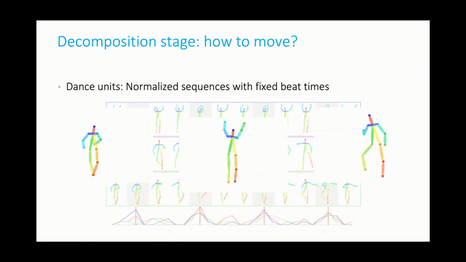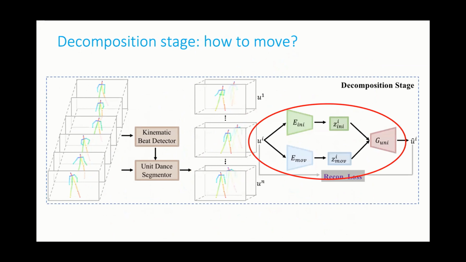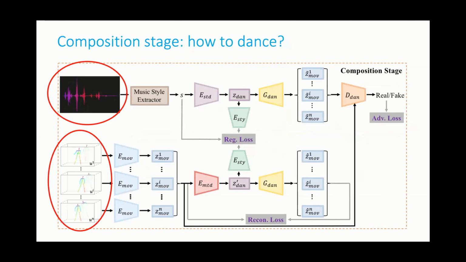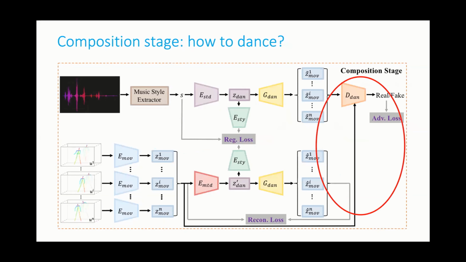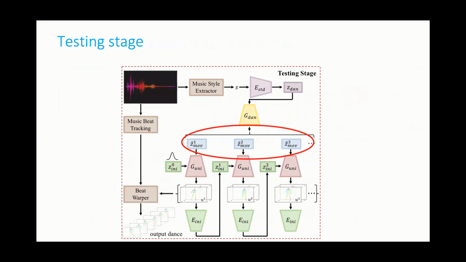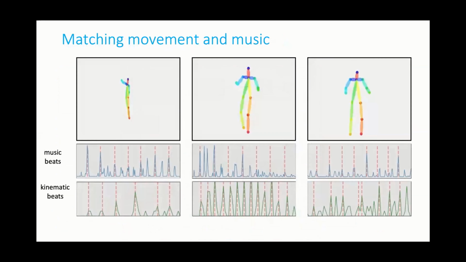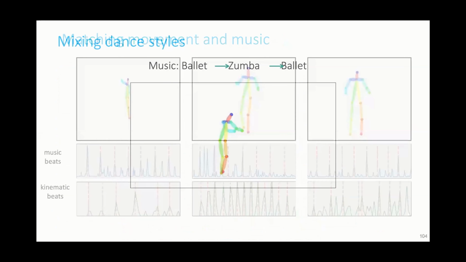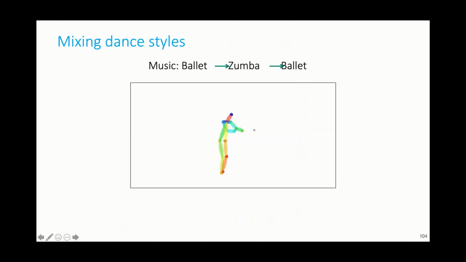Again, I don't have time, so I'll just skip that. I'll show you some results first. This just shows that we can match the music. Now here we can synthesize results. These are not in the training data. These are synthesized results based on different music.